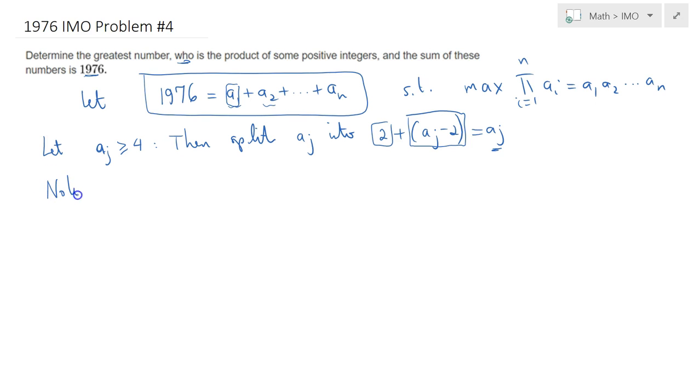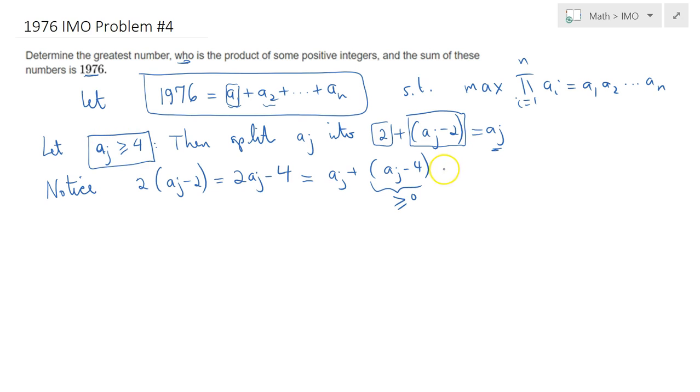Notice that 2 times a sub j minus 2, which is 2 a sub j minus 4, is definitely greater than a sub j, because we can split this as a sub j plus a sub j minus 4. And notice that this expression is greater than or equal to 0, because of the given condition, suggesting that this thing is greater than a sub j.